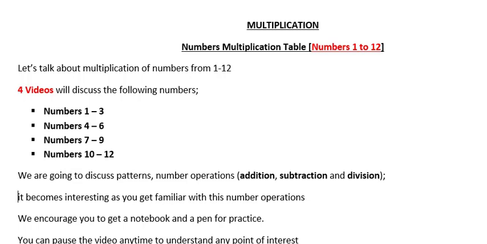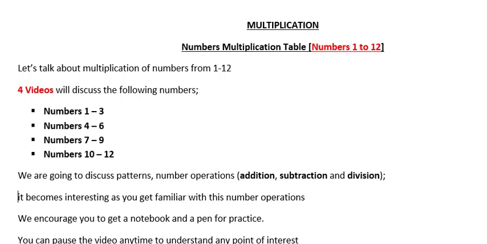In this video, we are going to be talking about multiplication of numbers from 1 to 12. We have 4 videos that we'll be considering that consider numbers 1 to 3, 4 to 6, 7 to 9, and 10, 11, 12.